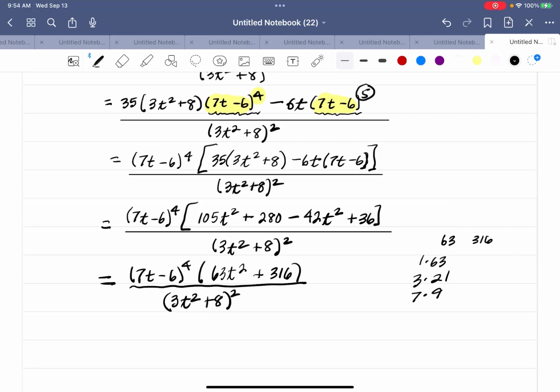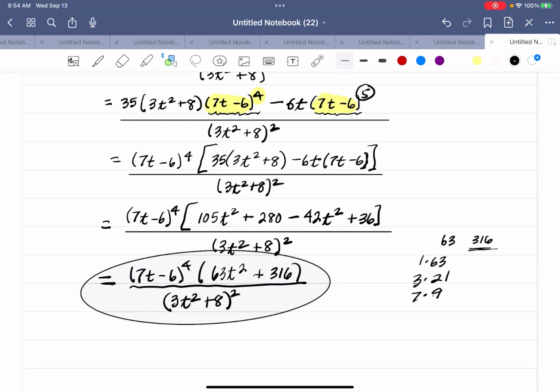So those are the factors of 63. So I need to check to see if any of these go into 316. 316 divided by 63 doesn't go evenly. 316 divided by 21 doesn't go evenly. 316 divided by 3 does not go evenly. 316 divided by 7, again, doesn't go evenly. 316 divided by 9, it doesn't go evenly. So that means there are no common factors in here, and that means this is going to be my final answer.